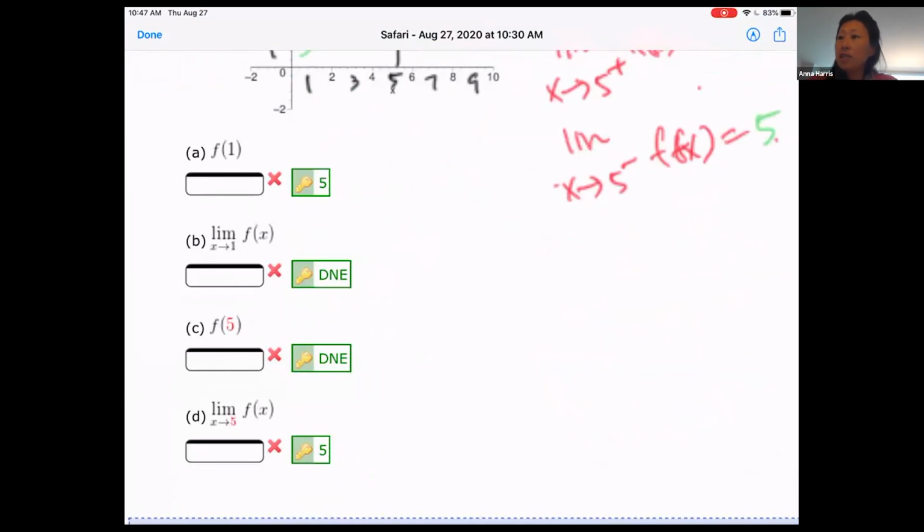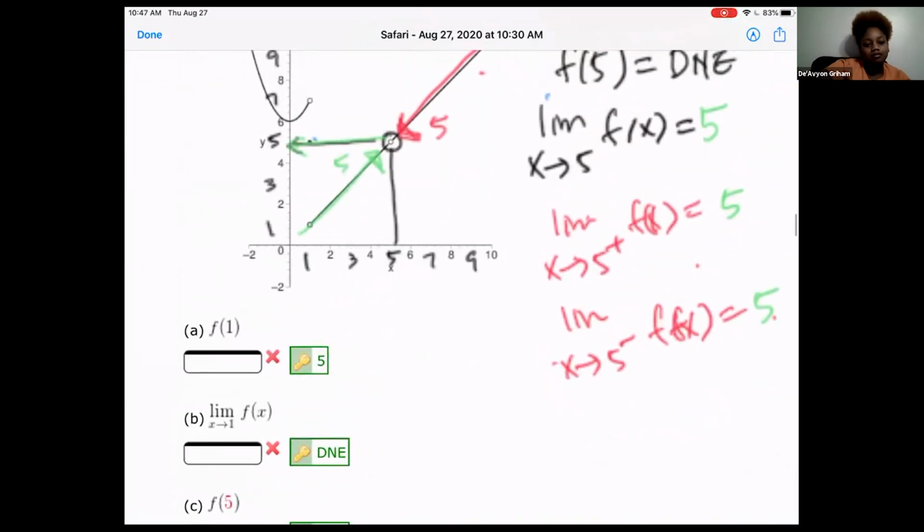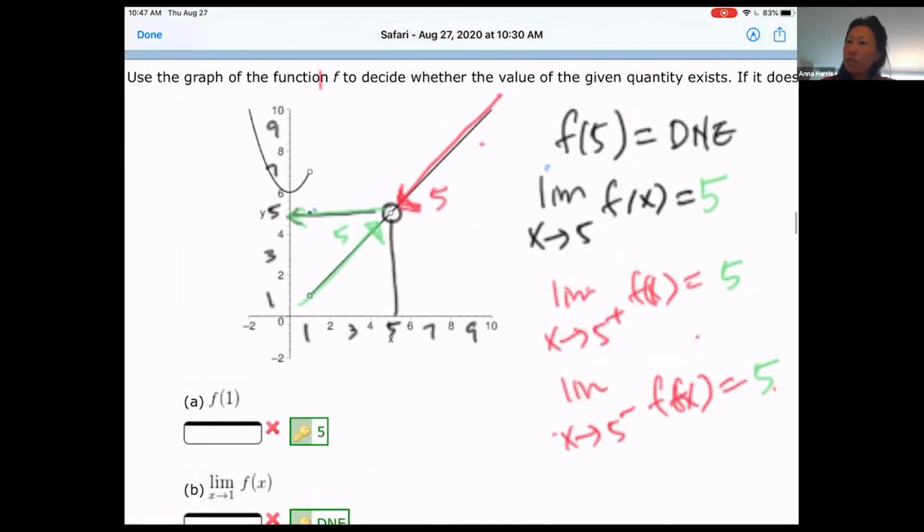Like D. I was saying when they say limit, instead of just saying f of 5, we're not supposed to look at the dot. Look at which one? The dot right there, the one that you circled?